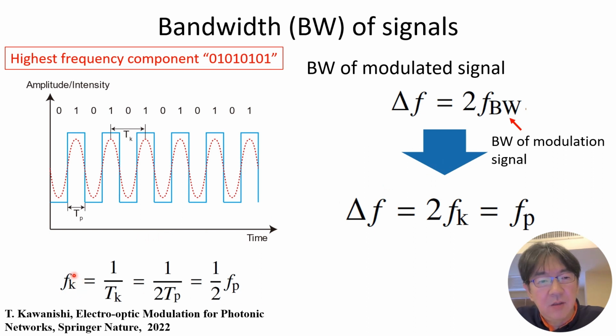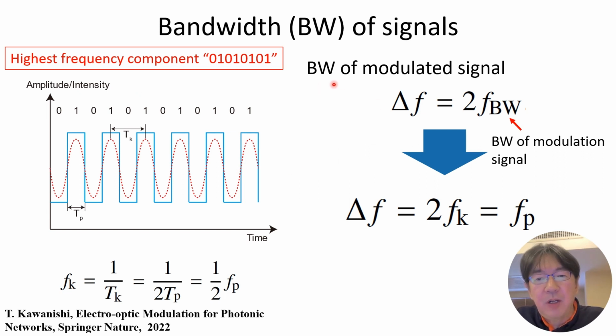So the frequency of the dash component would be equal to half of Fp. Fp is the baud rate. So half the baud rate is equal to the highest frequency component.